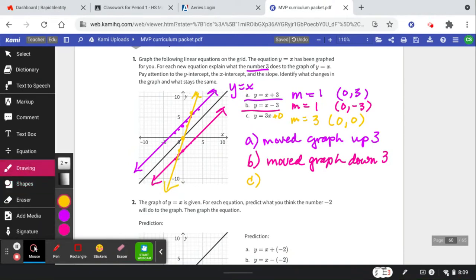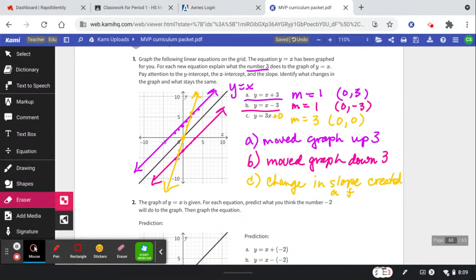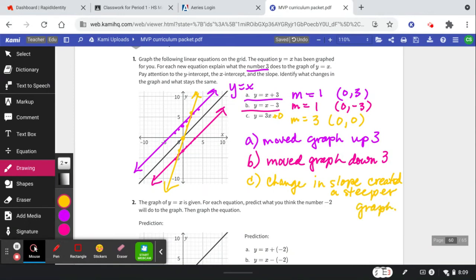So what did that do? The change in slope created a steeper graph. Pause the video now and go try number 2, and then let's check out to see how you did.